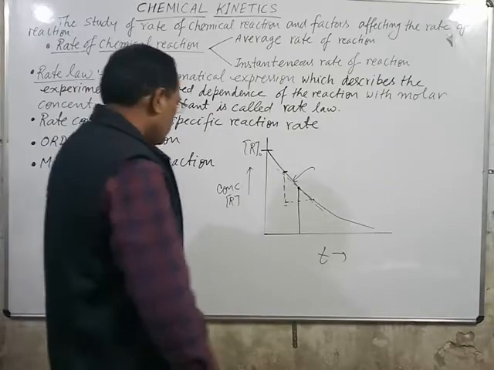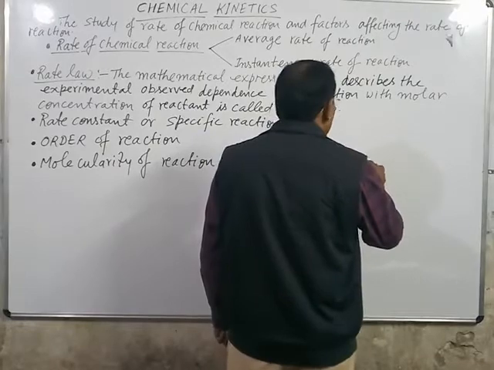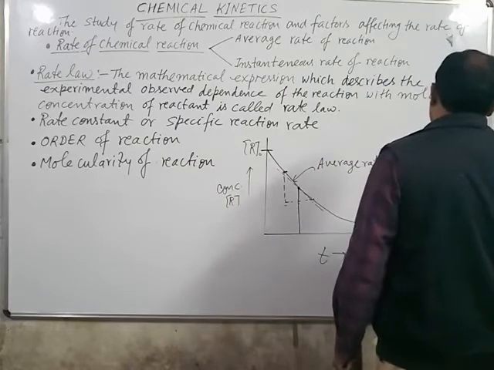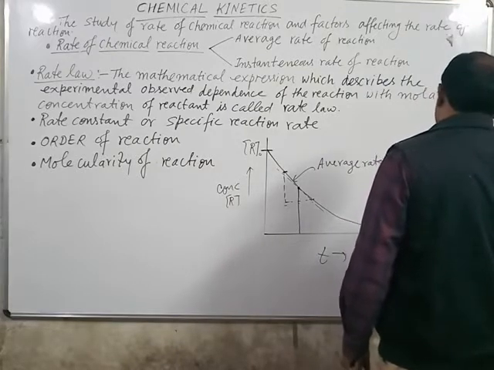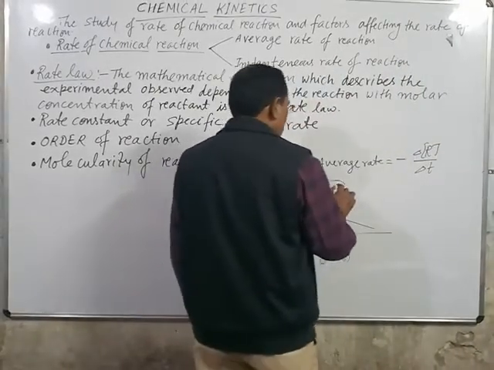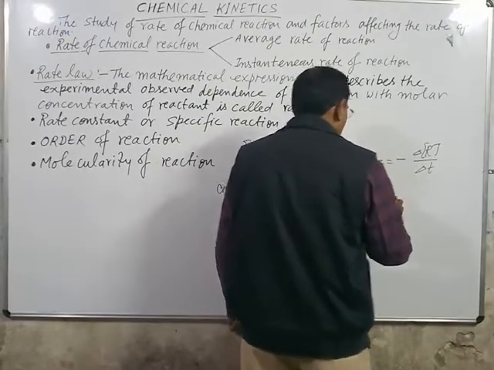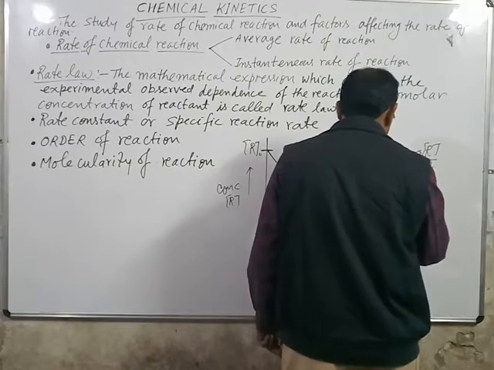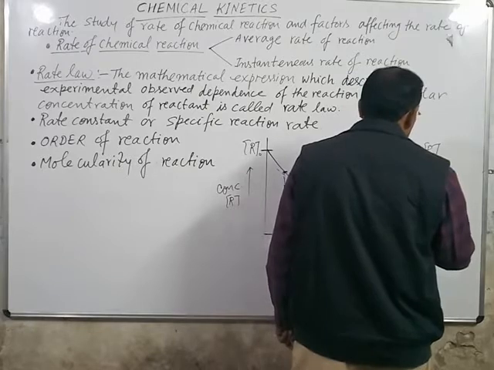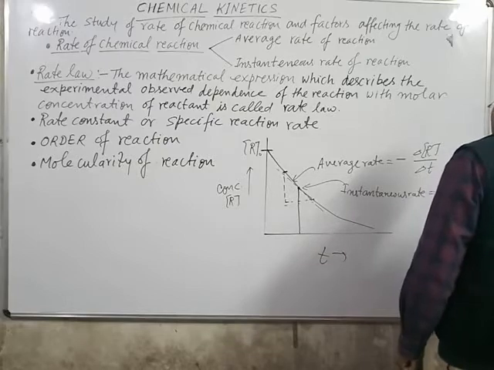So the average rate is equal to minus delta R by delta T, while the instantaneous rate is equal to minus dR by dt.